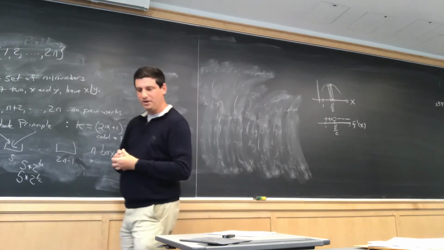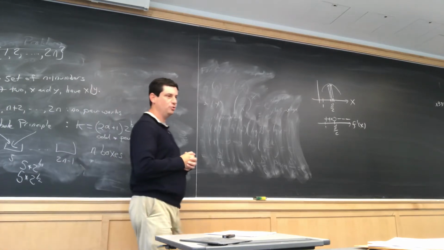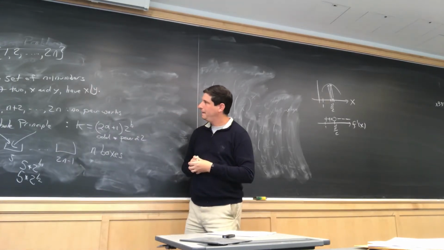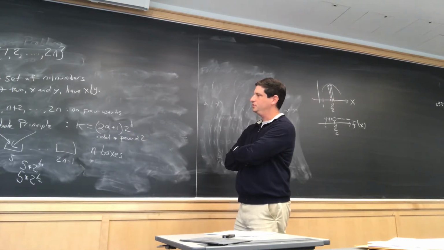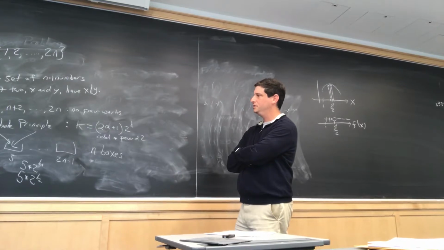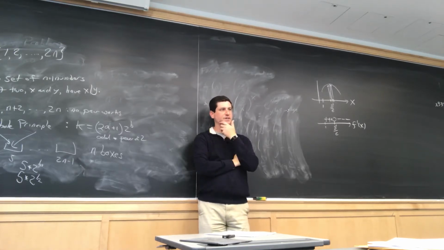So Erdős gave him this problem and asked him: if you look at a set of n plus 1 numbers, there's no way to do this without having one element of a pair divide the other.